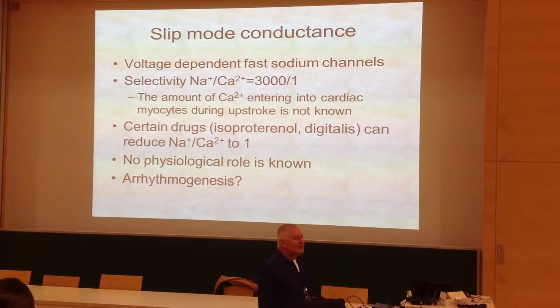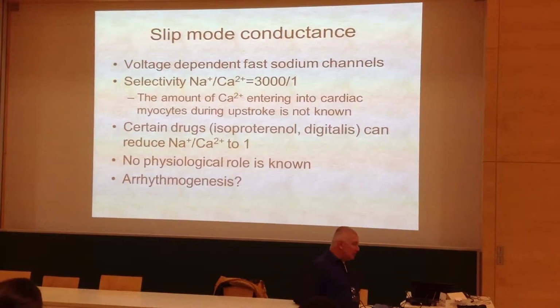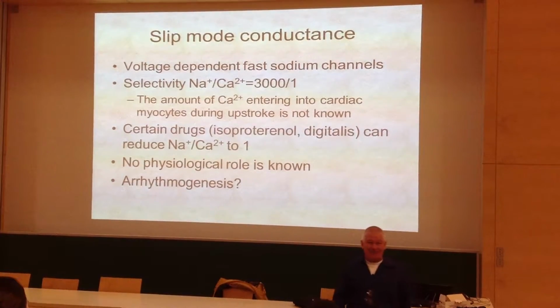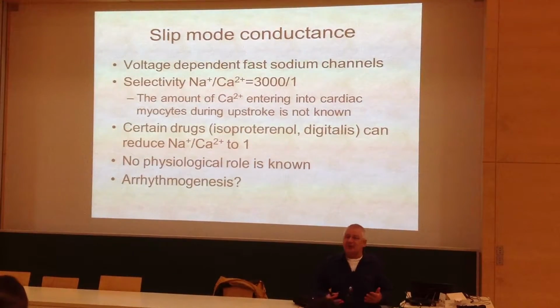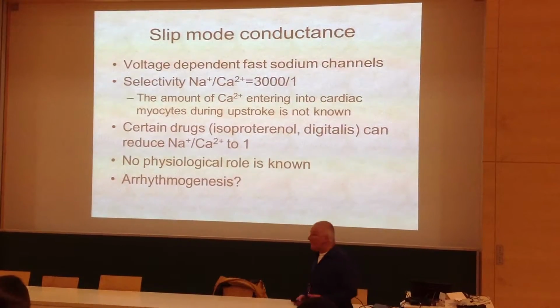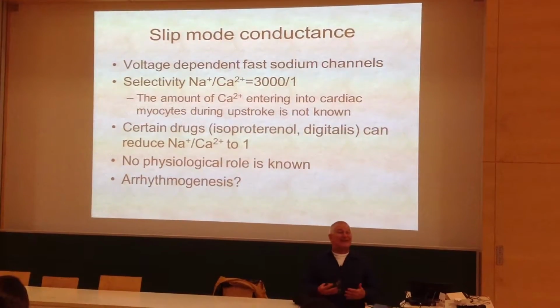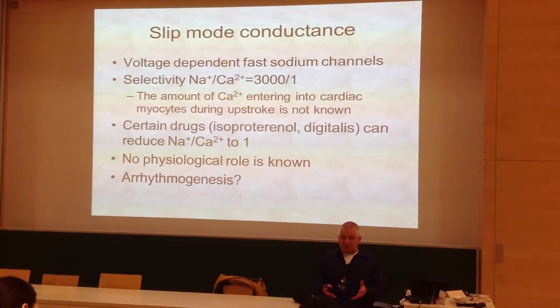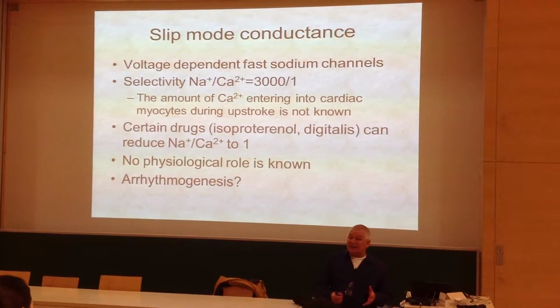The calcium can also use the voltage-dependent sodium channels as an entry pathway. You remember the chart of the selectivity of the channels, which means when we have the sodium channels, they are selective for sodium. However, selective is never absolute, it's never 100%.